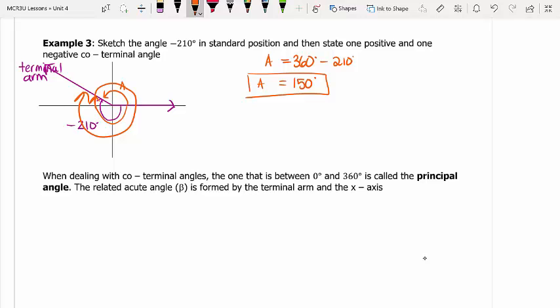So one trick to finding coterminal angles is just adding or subtracting 360. Okay, so if you have an original angle and you need to find a negative coterminal angle, you could just subtract 360. Likewise, if you need to come up with a positive coterminal angle, you can add 360. So to find angle B, which is going to be our negative coterminal angle, we're going to take our original angle and we're going to subtract 360.